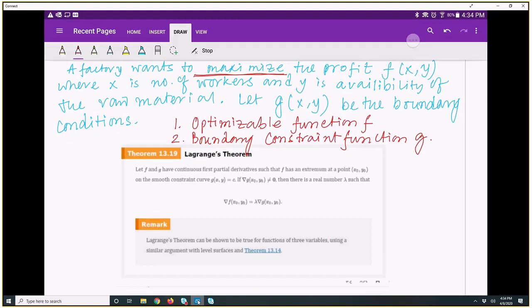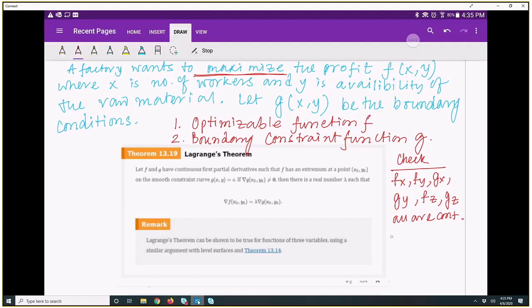Lagrange theorem states: if f and g have continuous first order partial derivatives, and you know that f has an extremum at a point (x naught, y naught) on the smooth constraint curve g(x, y) equal to c. So first and foremost, we are going to check whether fx, fy, gx, gy, and if it is a three variable function, then you have to include fz and gz, are all continuous.